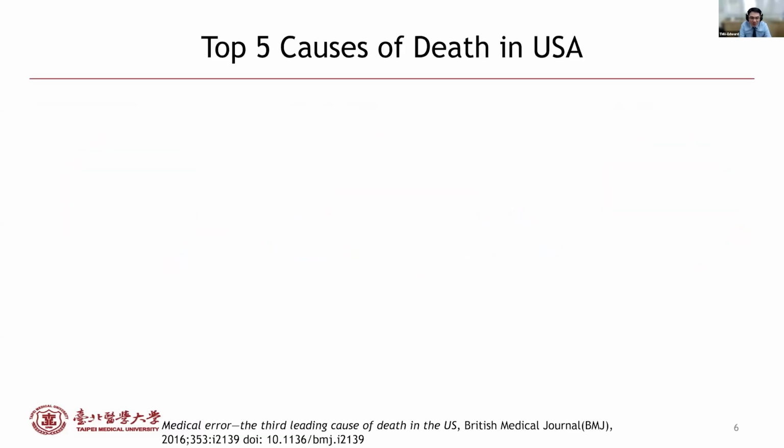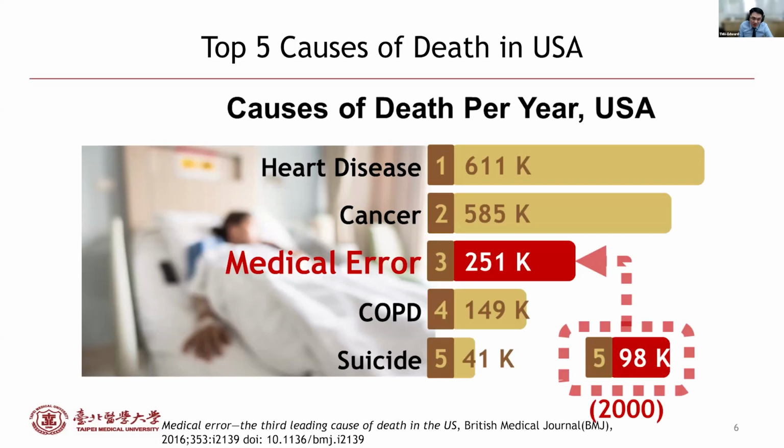In the beginning, maybe we can think about what are the top 5 causes of death in America. Most of the time we will say cancer, no problem, or maybe cardiovascular disease, hypertension, asthma, and maybe type 2 diabetes. But if we see the result, the top cause is heart disease like heart failure and hypertension.